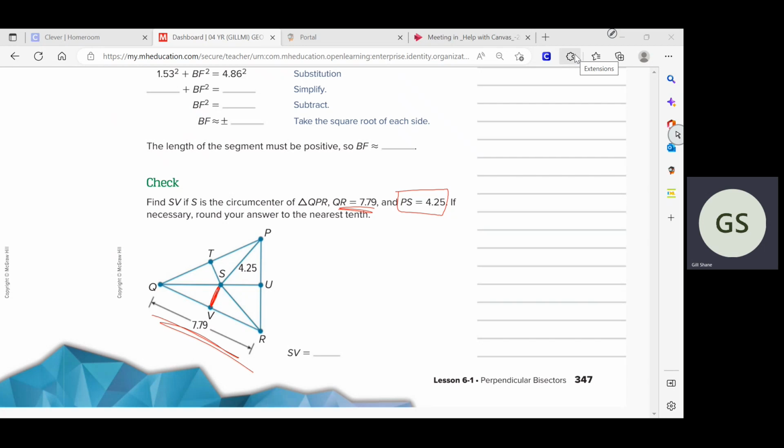I had this number right here, divided by two. Yes. So you did everything correctly, except you didn't square this down here. It looks like that is 4.25 squared, but you multiplied it. Your equation is correct. Perfect. Now solve.